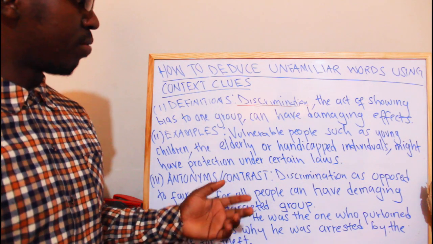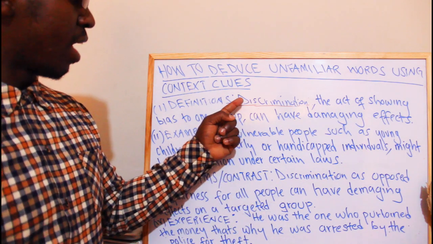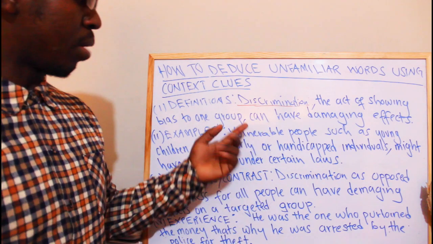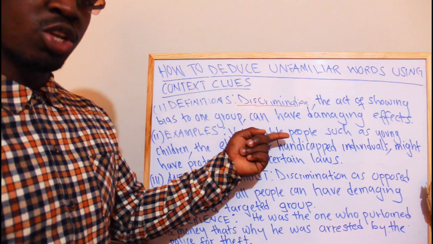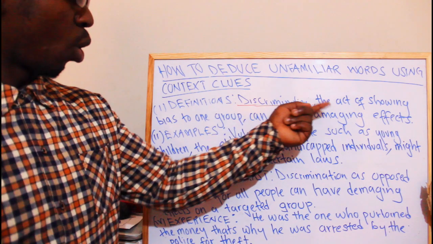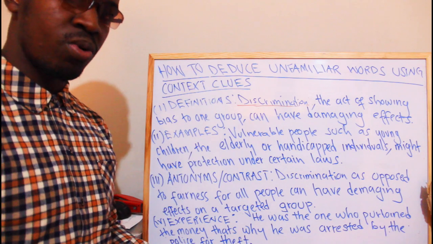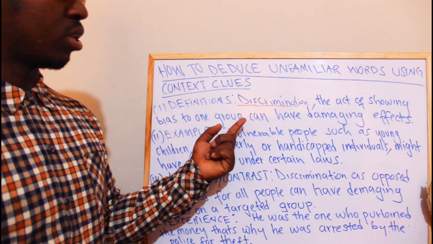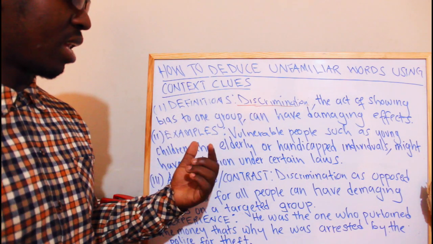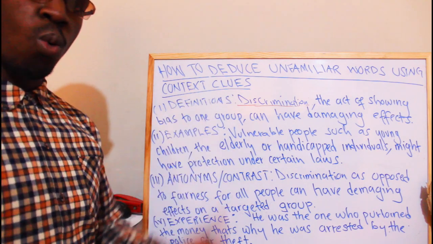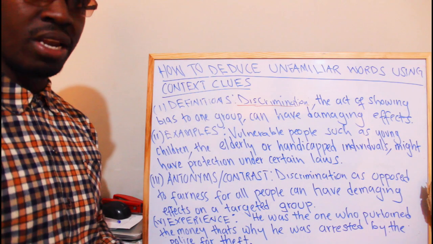So, for example, what we have is discrimination itself and what it can do. It can have damaging effects. But before what it can do, we have this clause, which is the act of showing bias to one group, which is its definition. So that's how we get to understand the meaning of the word discrimination, suppose one does not know its meaning.